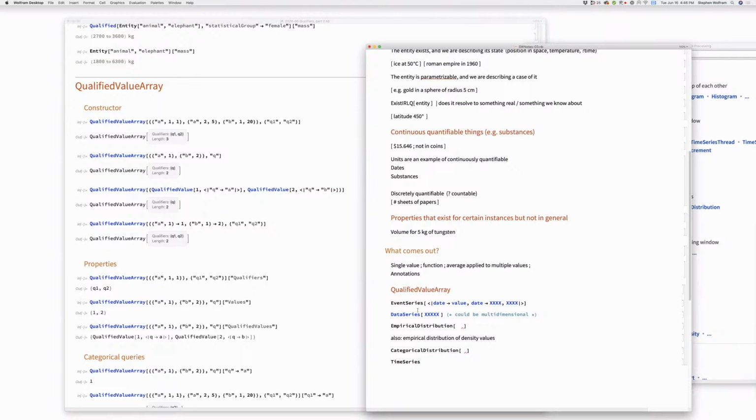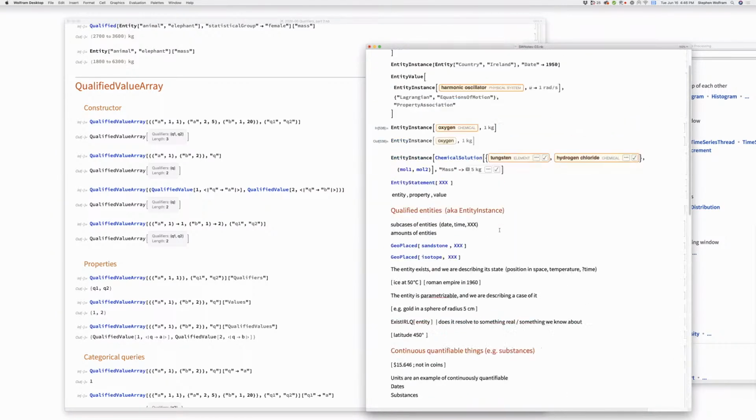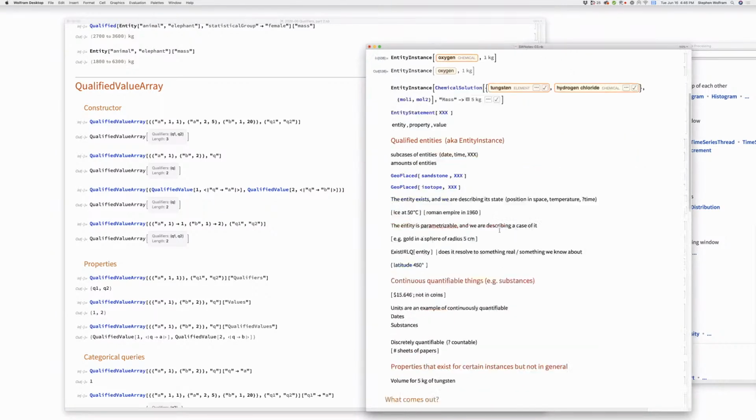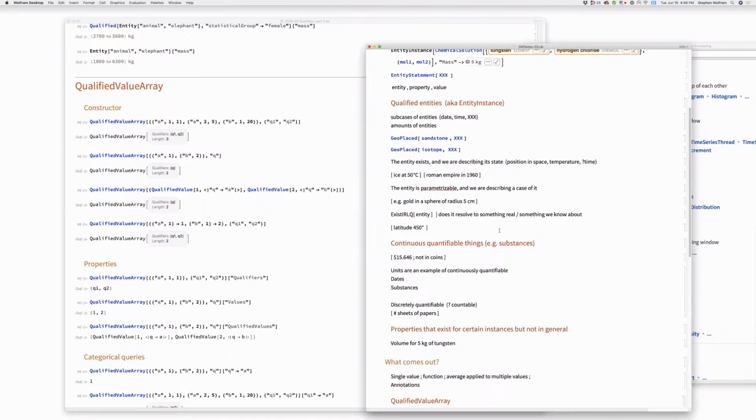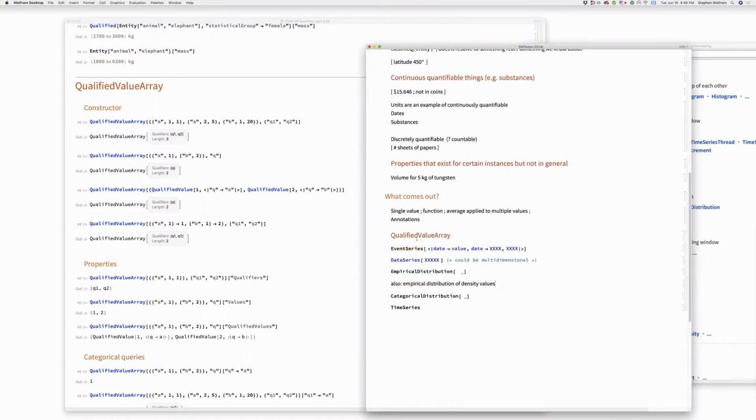Okay, so let's go back again to how we're getting these things in the first place. Even for an existing thing today, we could imagine asking for the population of Italy, which is our standard Italy population.